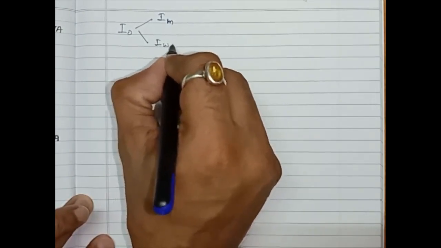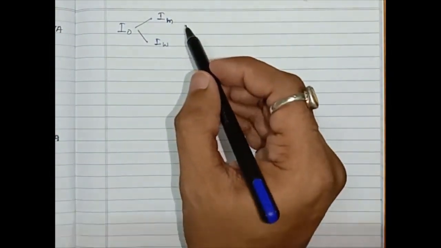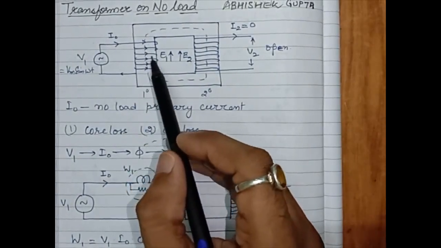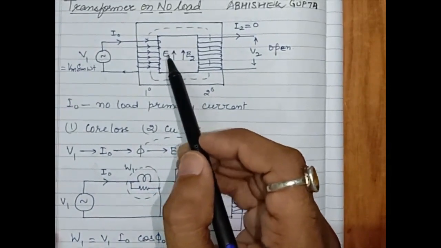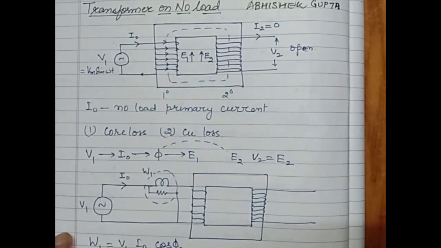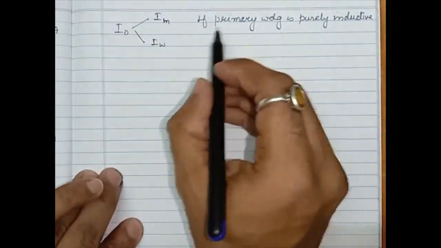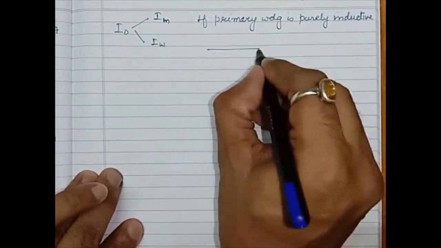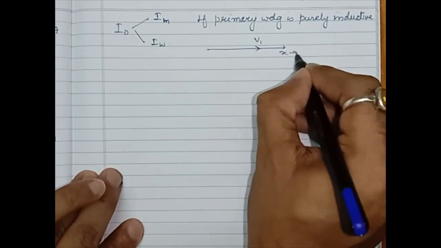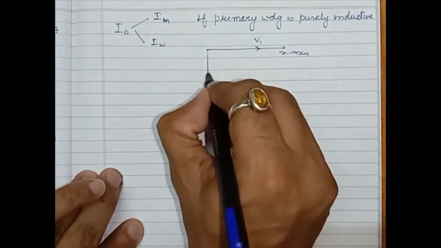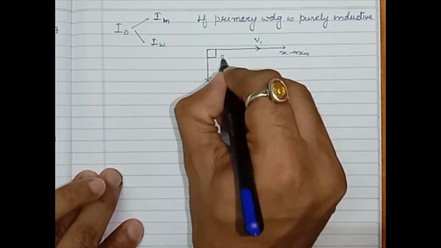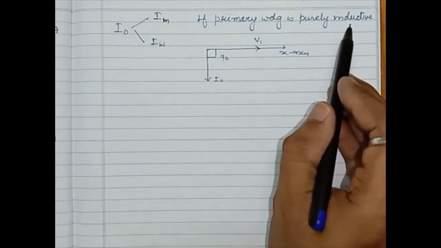Now if we consider this primary circuit as purely inductive, meaning we are not considering resistance, what would be the phasor diagram? If the primary winding is purely inductive, this is V1, on the x-axis, and the current will lag by an angle of 90 degrees, isn't it, when it is purely inductive.